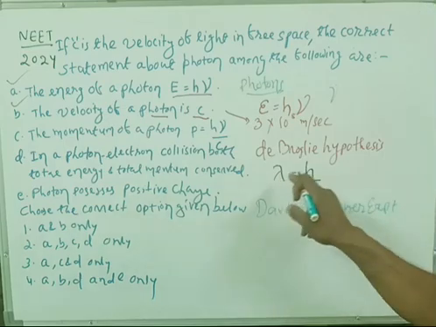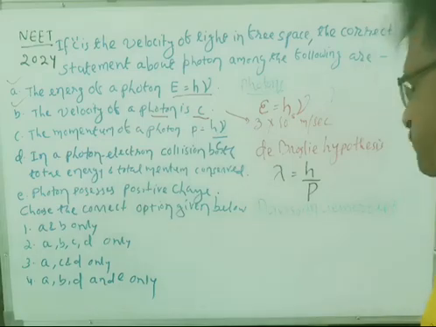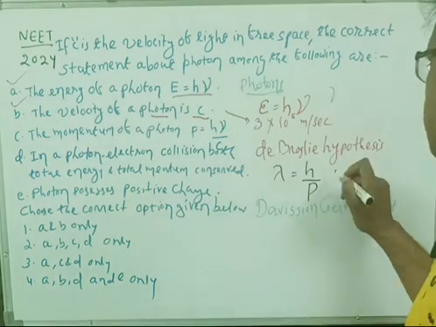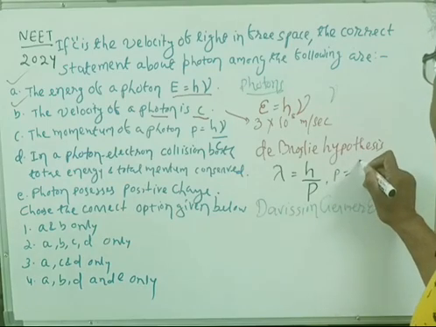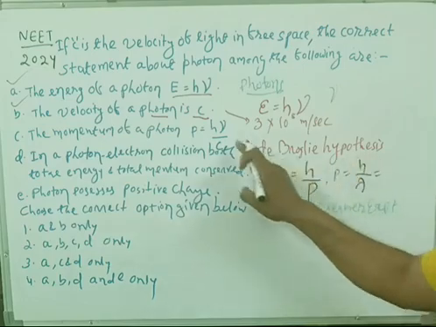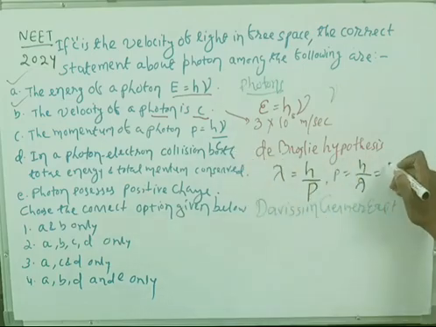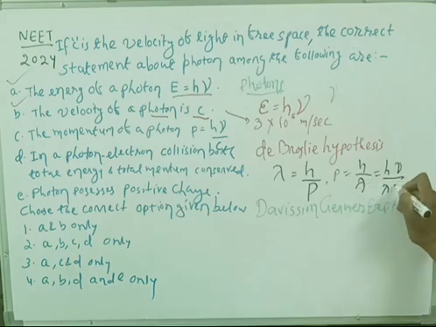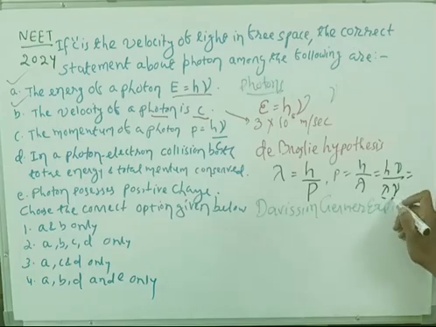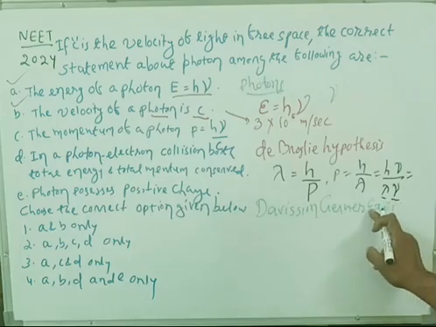So we know lambda is equal to h by p, or what will be p, the momentum of the photon? That will be p equal to h by lambda. If we multiply here by nu, then we multiply below also by nu, lambda and nu. Lambda is wavelength, and nu is frequency. What is frequency into wavelength, student?